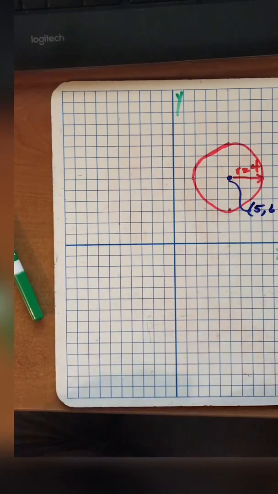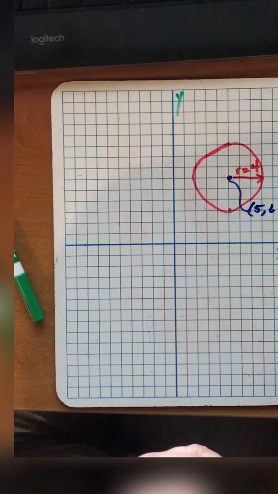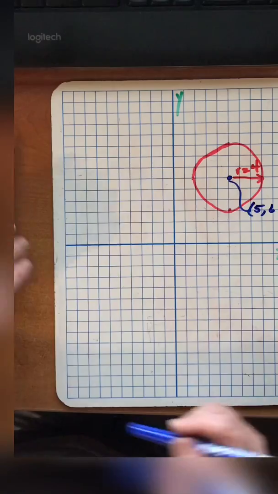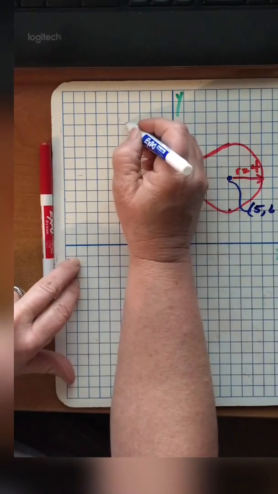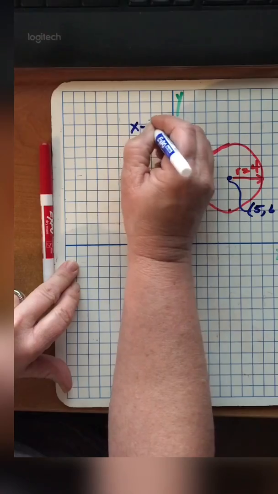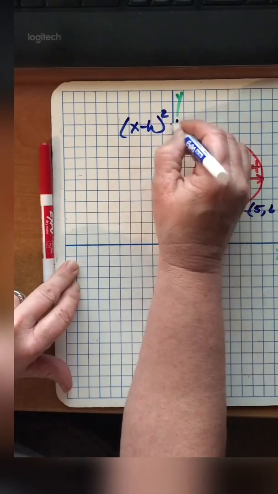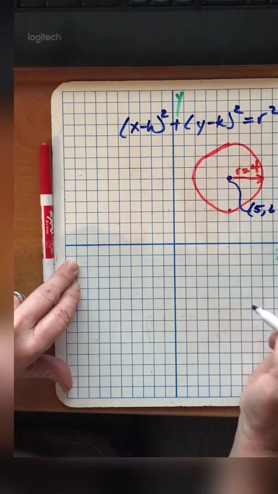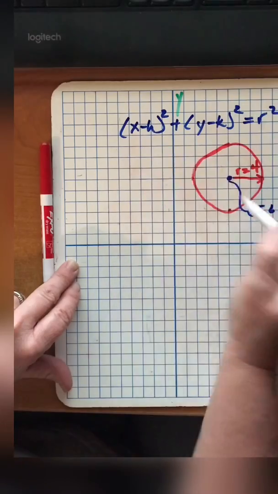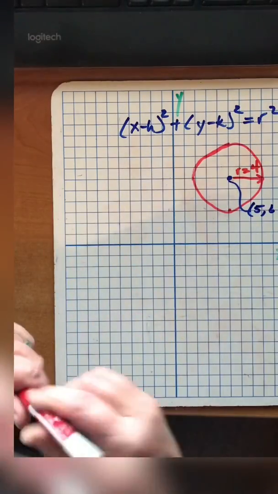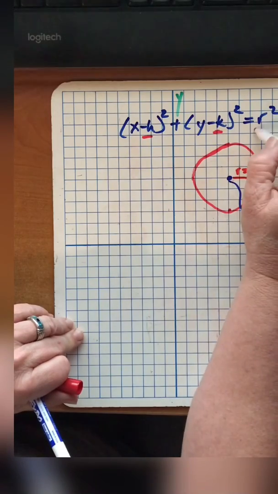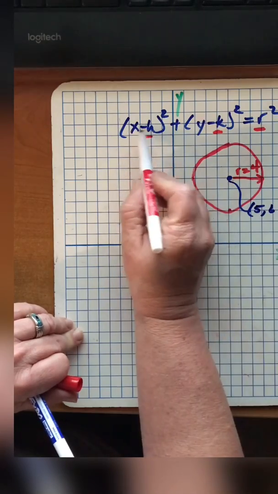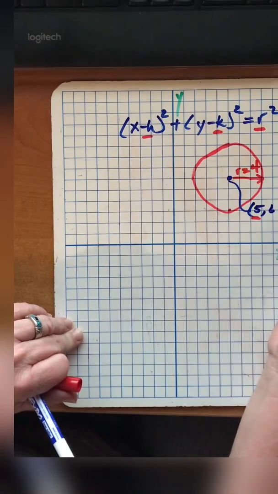So if I give you this and I say, give me the standard equation for this circle that I represented here. Well, remember my formula, x minus h squared plus y minus k squared equals r squared. So if I want the equation of the circle, all I got to do is replace the h, the k, and the r with the given values that I have here. Okay? So the h, since it goes with the x, is the x coordinate of the center.